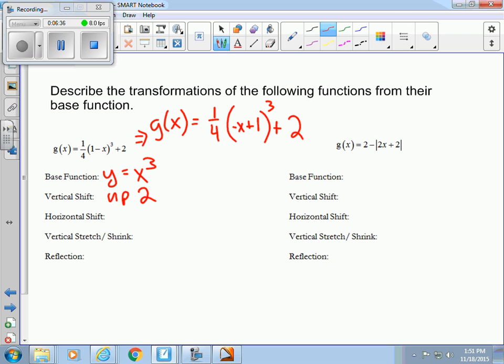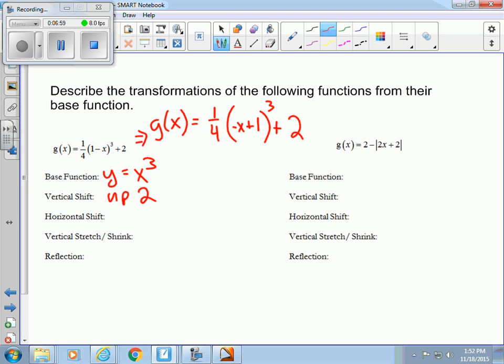Horizontal shift. This one's the hardest one because of the B and C thing. Remember, to find a horizontal shift, I need to do C divided by B, sorry. 1 divided by negative 1. What is 1 divided by negative 1? Negative 1.